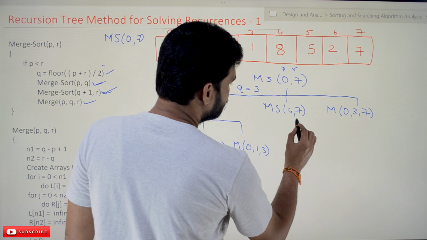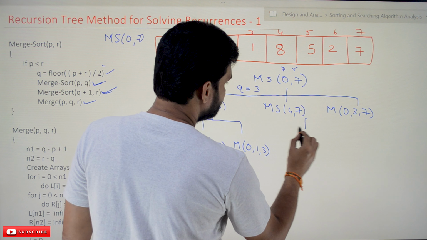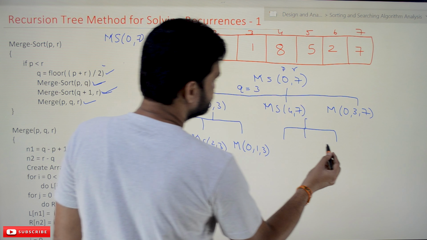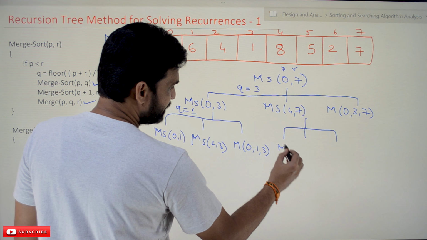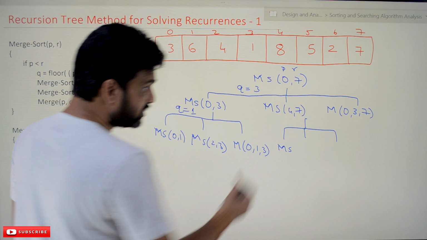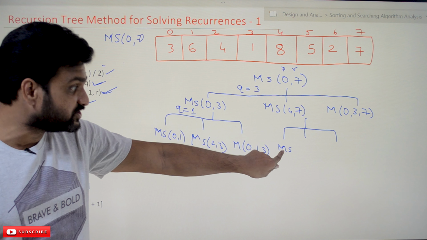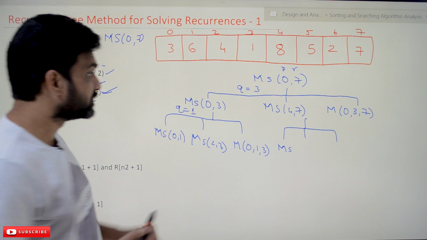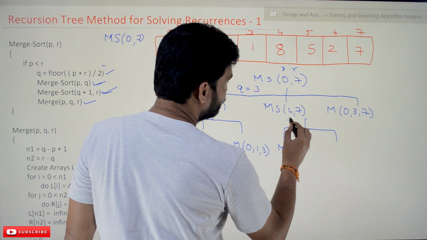Similarly, what are all the function calls that are made for this function to get executed? Again three function calls are made. For this function call to complete its execution, these are the function calls that are made. Try to get that point. What is the value of q here?